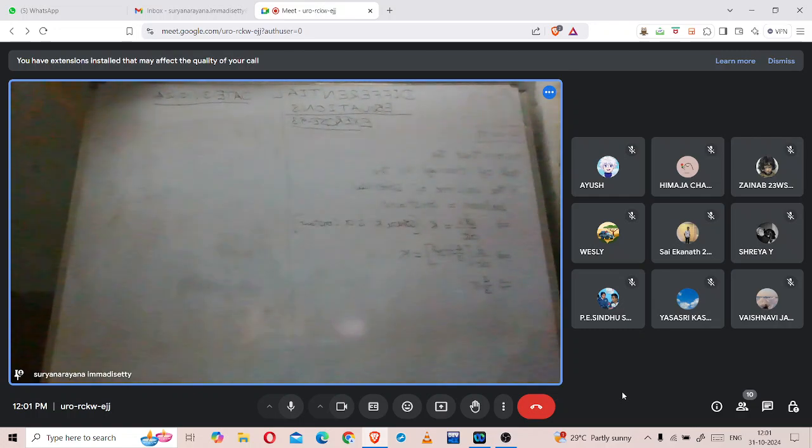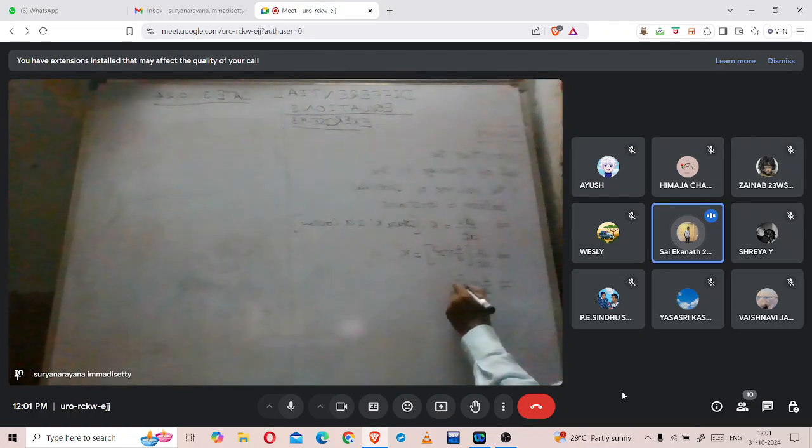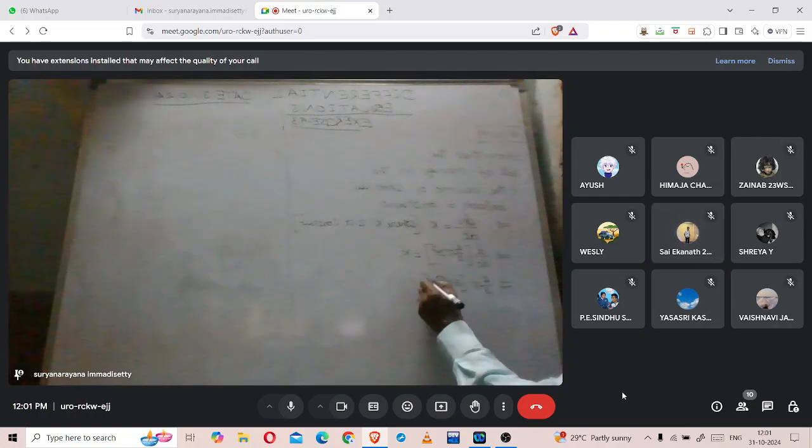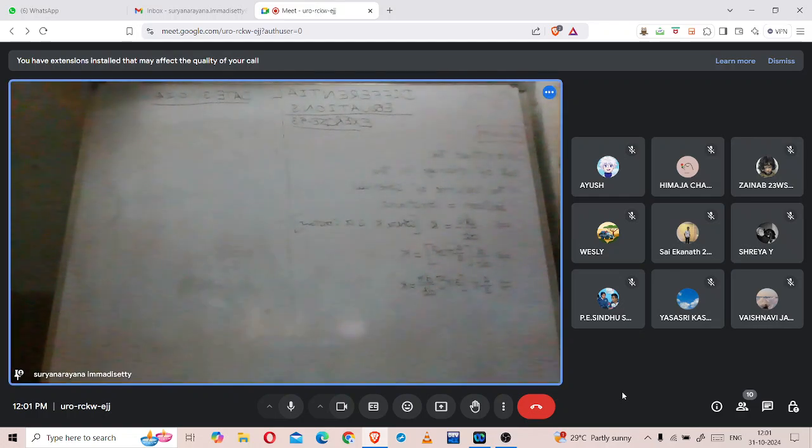The derivative of r cube is 3r square into dr by dt, equal to k.